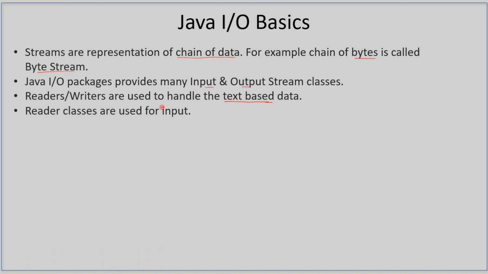Reader classes are used for input. Writer classes are used for output. But when you consider streams, the class name itself is appended with input and output. Usually input and output are suffixed to the class name, for example ByteArrayInputStream.